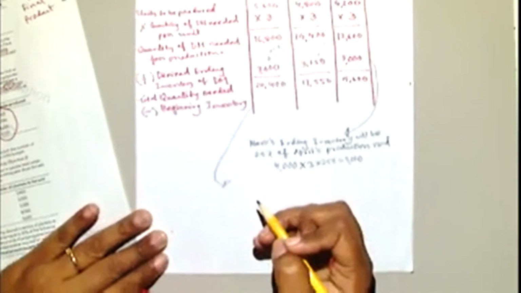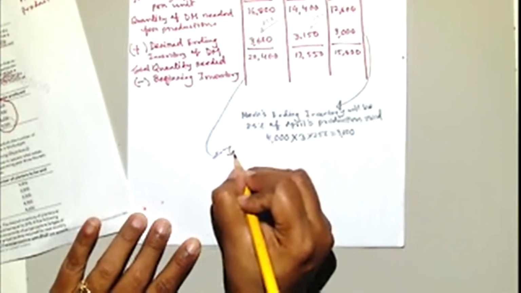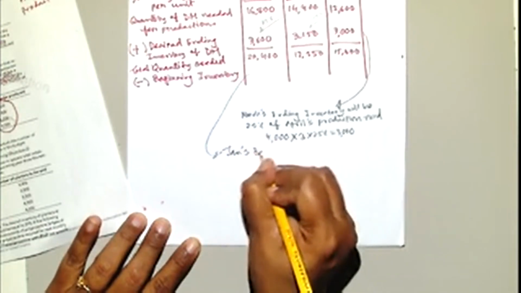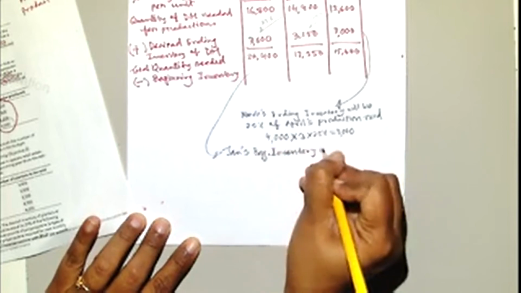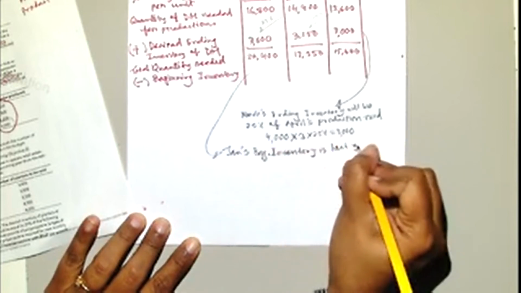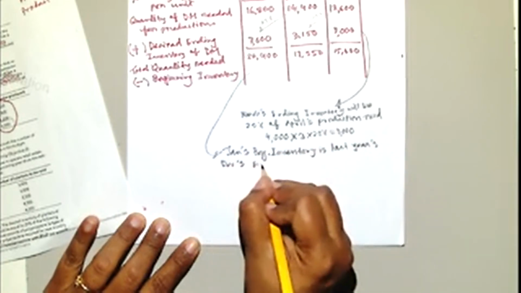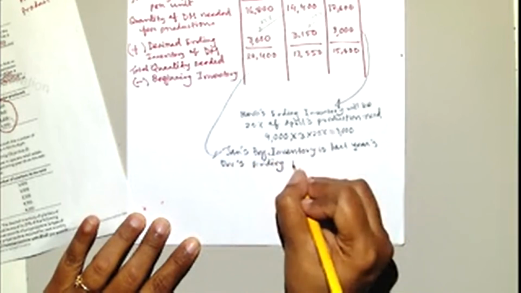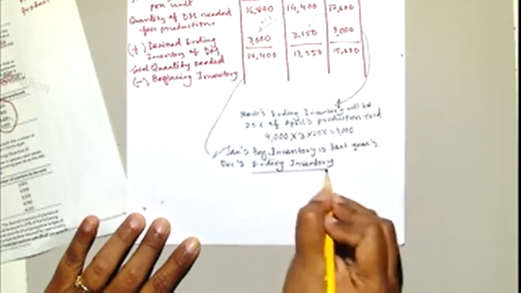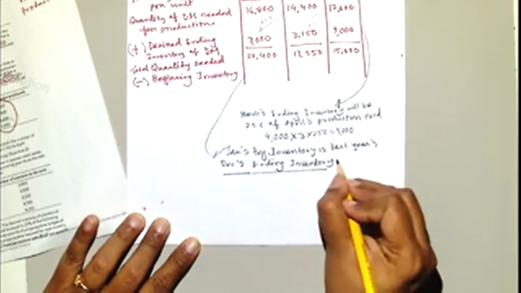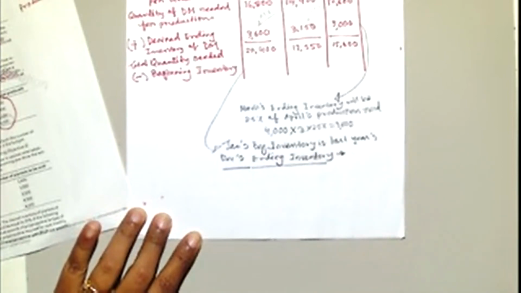I'm just writing it out in case you forgot how I get this number. What's the logic? January's beginning inventory is last year's December's ending inventory. We actually don't know what December's ending inventory was, but we know the policy. For a certain month, ending inventory will always be 25% of the following month's production need.